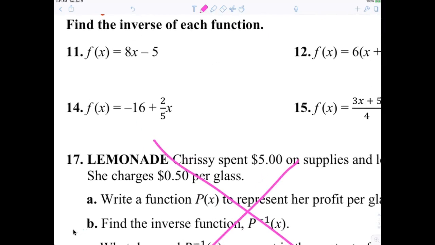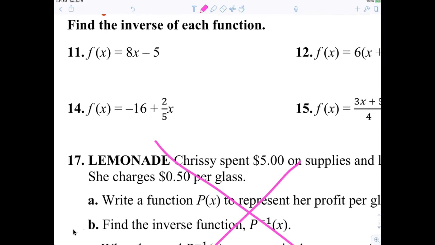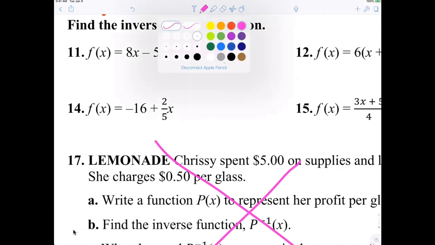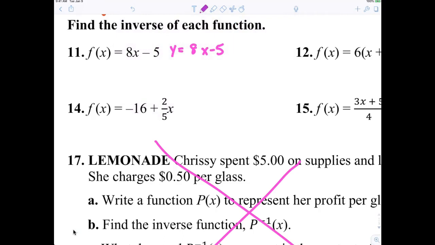Remember, for question number 11, this is y equals 8x minus 5. To find the inverse, switch: x equals 8y minus 5. Now you solve for y.